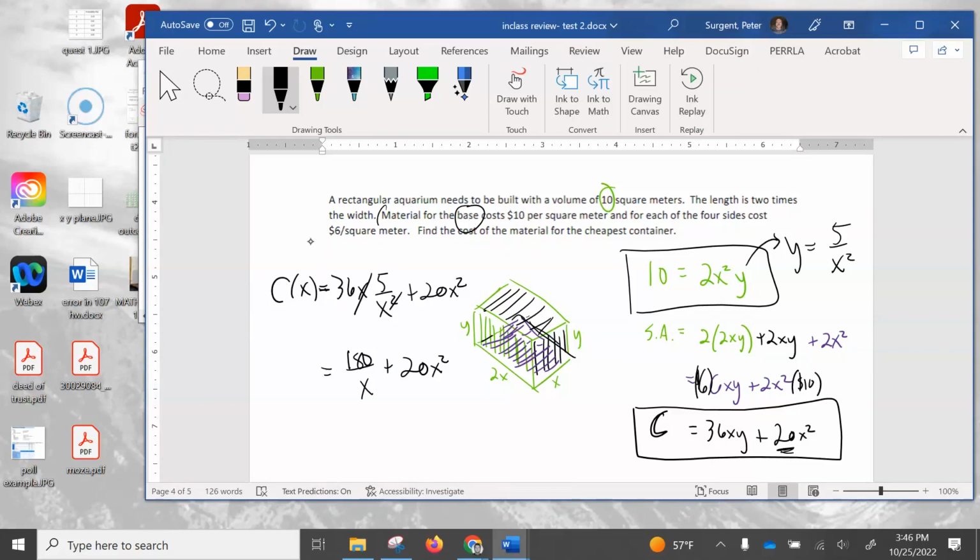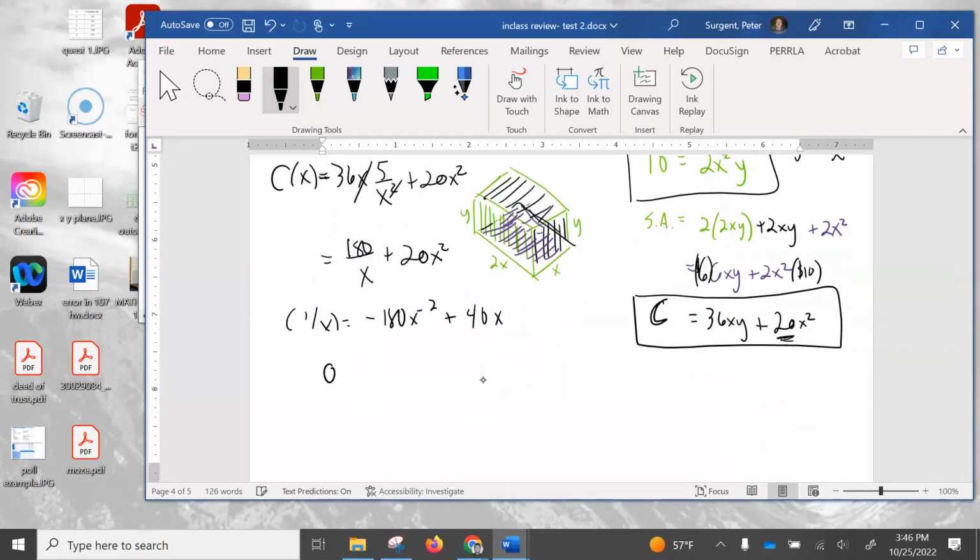Okay, and now from here we do the derivative. That's x to the negative 1, negative 180 x to the negative 2 plus 40x. And then I'm going to set this to 0. And I know I'm going quickly, so just ask me questions if you have them. I like to write that like that because I know how I'm going to solve this.